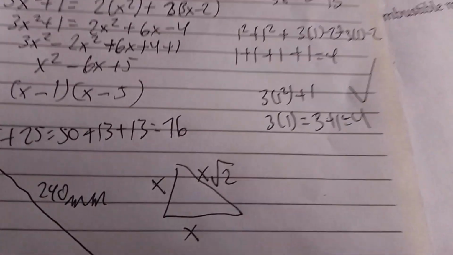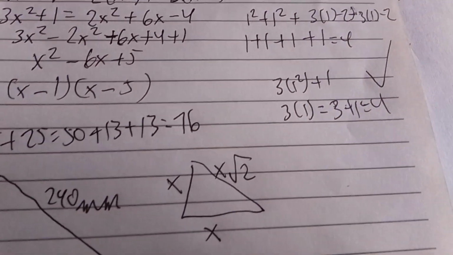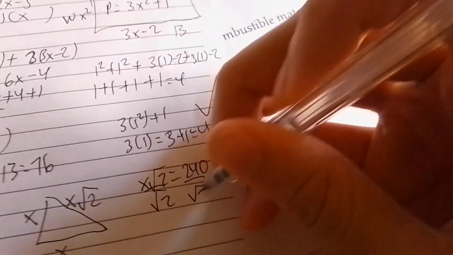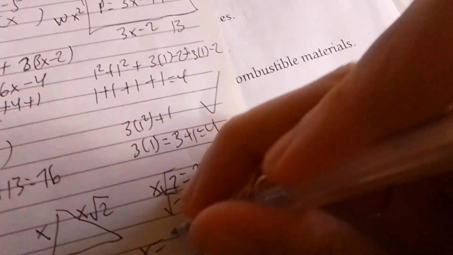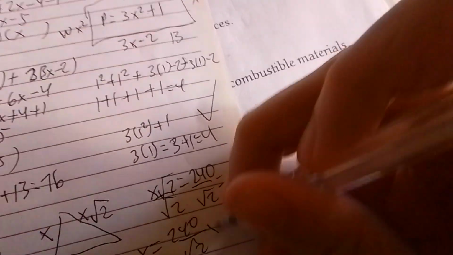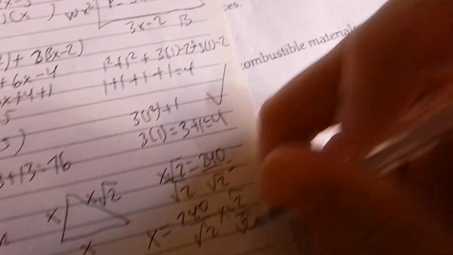So therefore, if you want to get the inverse, di ba remember, we need to get x. So if this is 240, so it goes like this. X times square root of 2 is equivalent to 240. We need to divide it by the square root of 2 to get the answer. If you don't want to use a calculator, you can do it like this. 240 times the square root of 2 over square root of 2 times square root of 2.